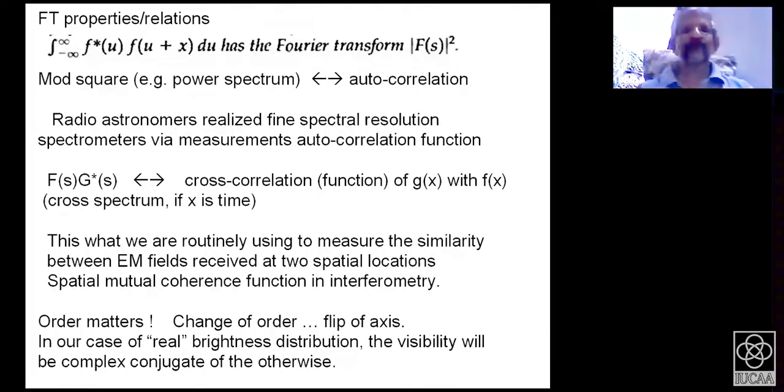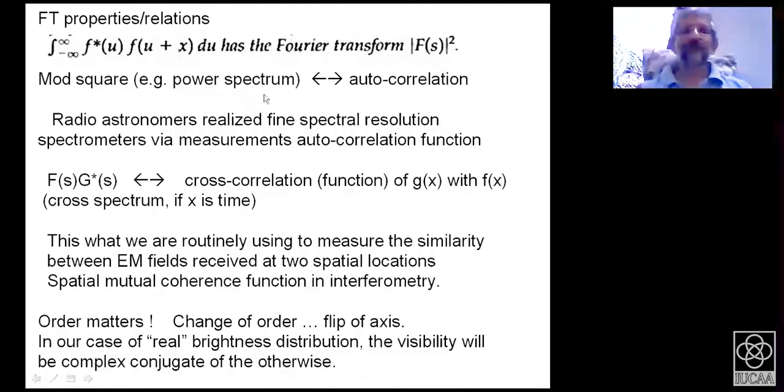I had flashed this transparency last time, but I repeated it just to stress the point, that we have seen the correlation integral here, which has a Fourier transform relating to the so-called Fourier domain modulus square, which in the context of real signals corresponds to power spectrum and the autocorrelation of the signal in the time domain.